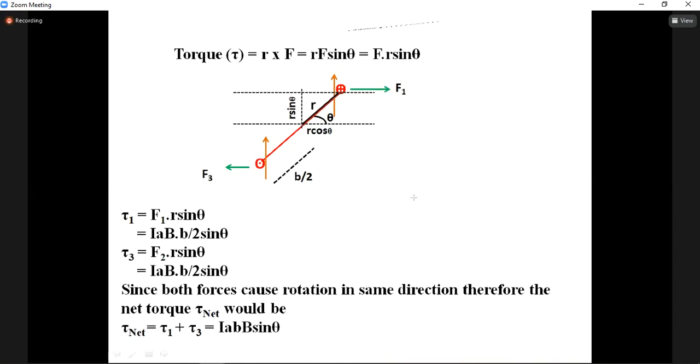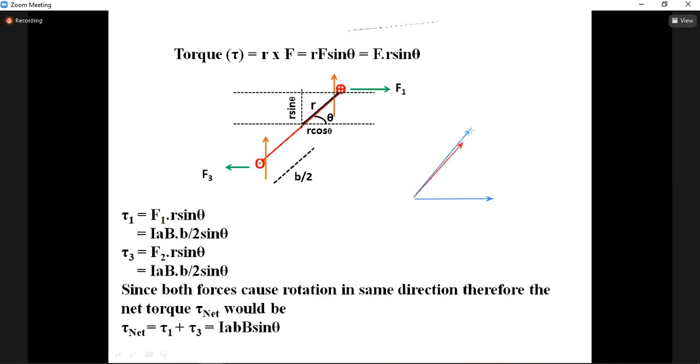Let's suppose you have this vector, this is vector A, and I have a second vector, vector B here. A is represented in red while B is represented in blue. If I want to find the direction of A cross B, I will take my fingers in the direction of vector A and curl them towards the direction of the second vector.